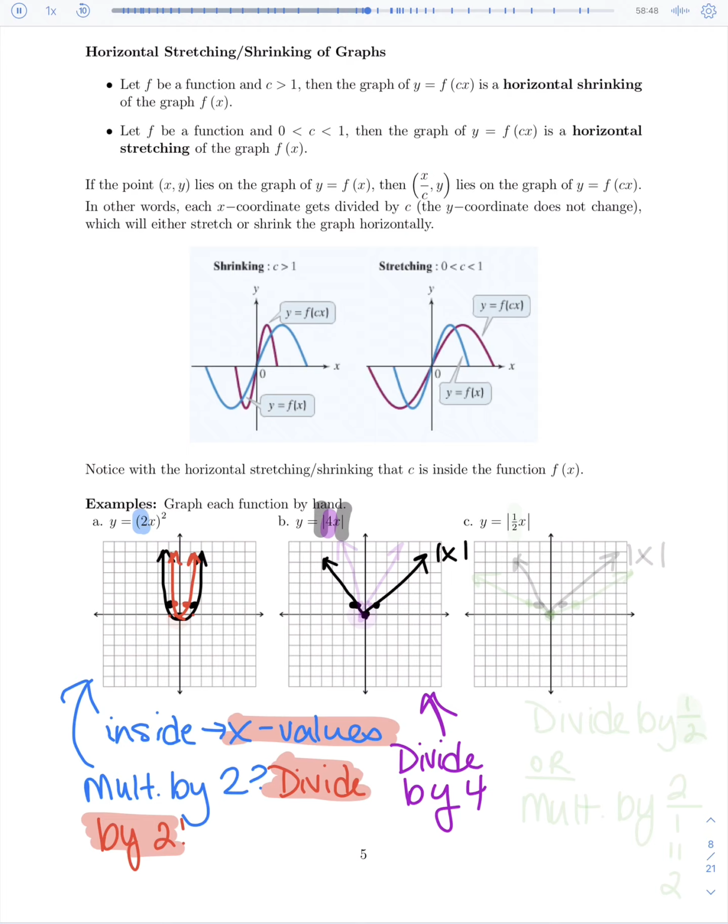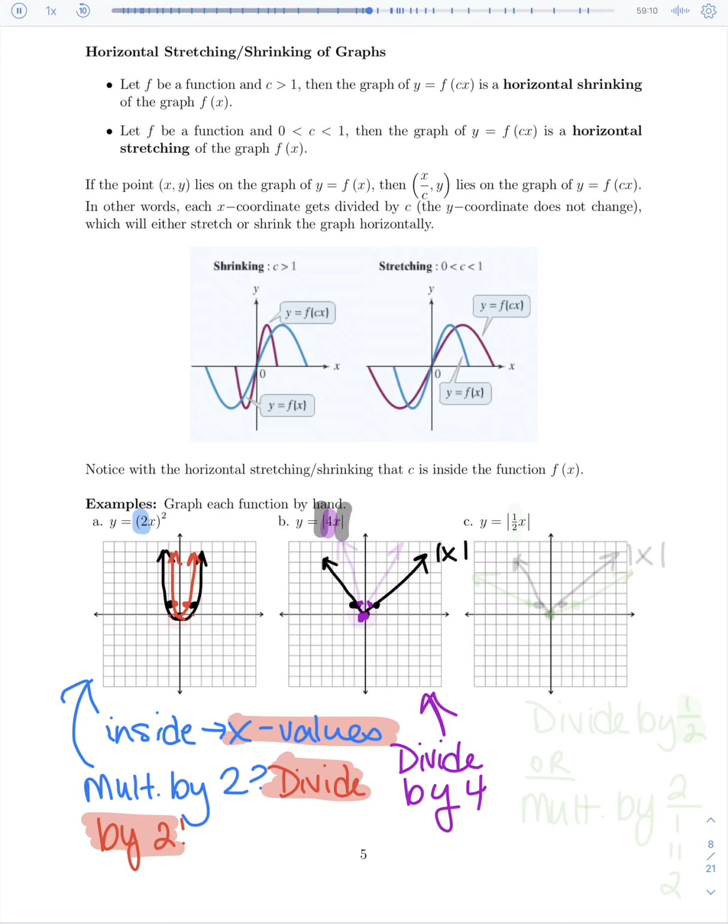So what that means is, again, there'll still be a height of 1, but the x's, instead of being at 1 and negative 1, will be at just 1/4. So they're going to be really close. But they're still up at 1. Just like before, the (0, 0) point doesn't change because the x value is 0.